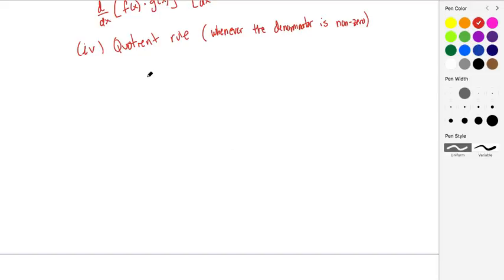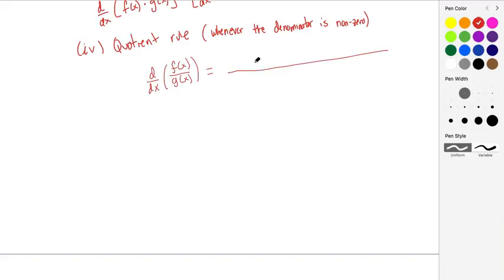Okay, so how we write that is, if we take the derivative with respect to x of a quotient, f of x divided by g of x, it has a very specific definition that is related to the product rule, but a little bit different. So try not to confuse both of them.